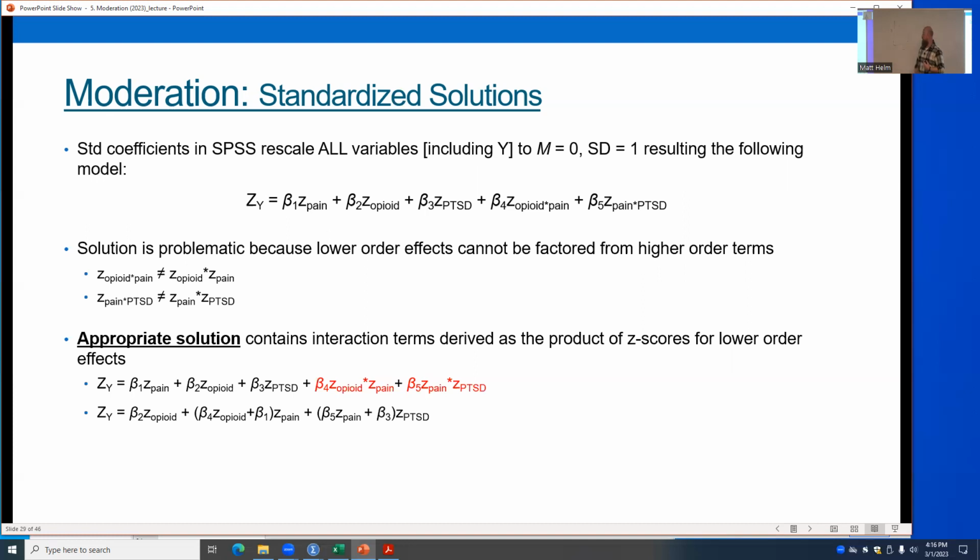So if you want a standardized solution, you need to rerun everything you did originally, except using z-scores: z-score of x, z-score of y, then recreate your interaction terms with your z-scores and run that model. You don't have to worry about simple slopes with this, because your simple slopes are fine. The only problem is that for the full model, the standardized coefficients for your interaction terms aren't technically correct. That's where you would do this.